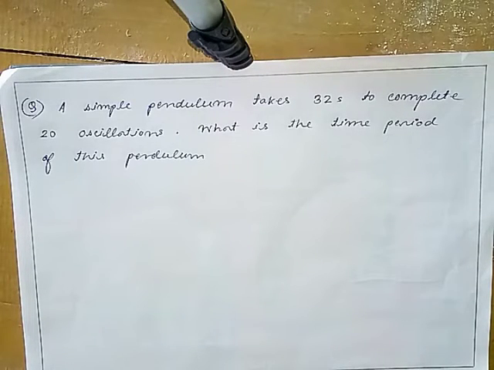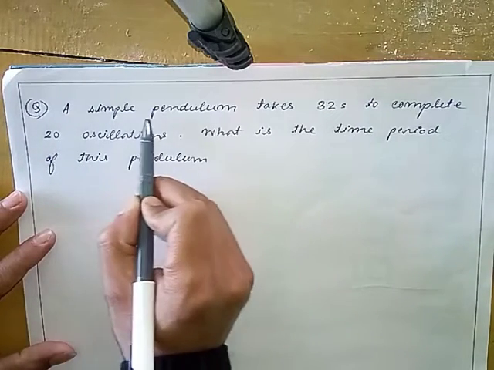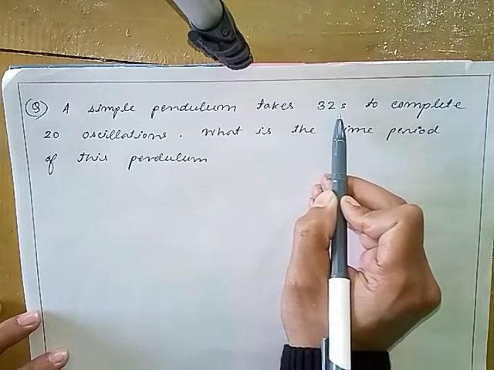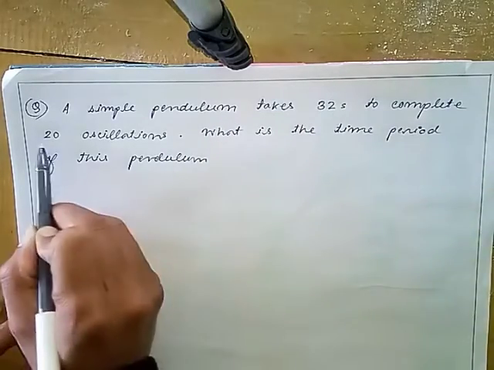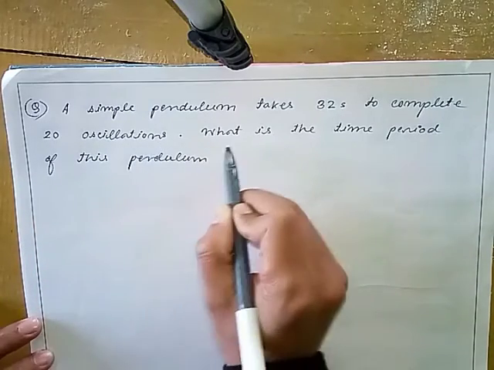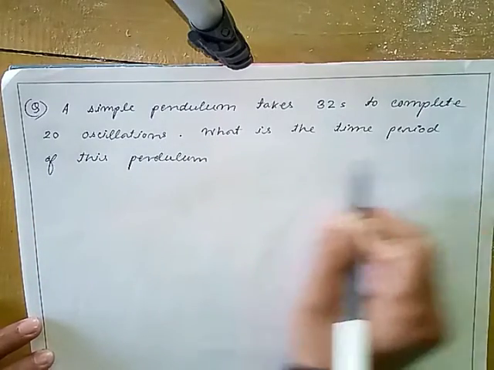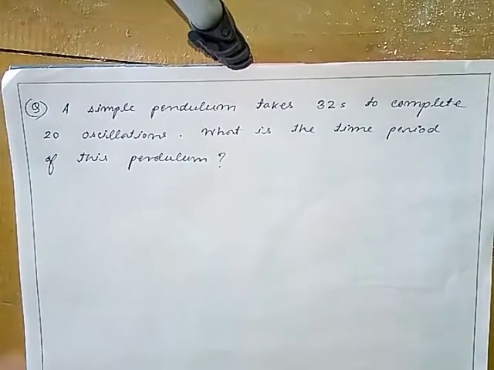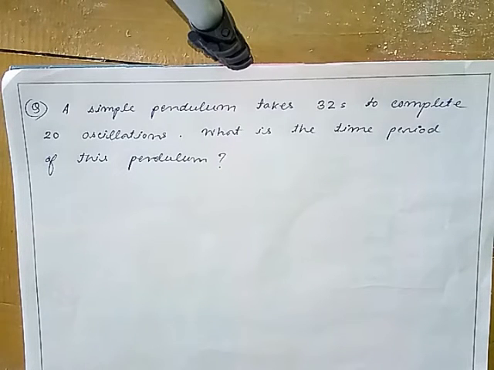Now let us solve a problem. A simple pendulum takes 32 seconds to complete 20 oscillations. Then what is the time period of the pendulum? Now we are to find the time period of the pendulum.